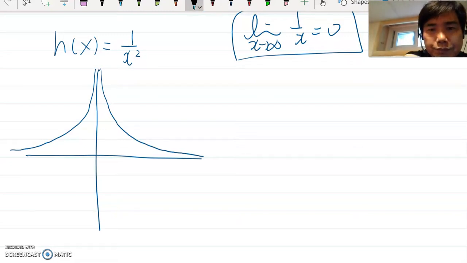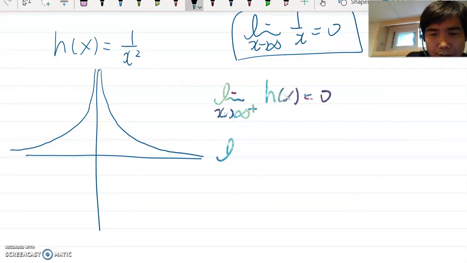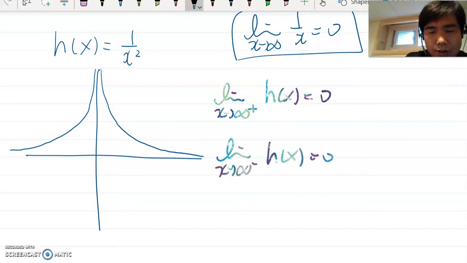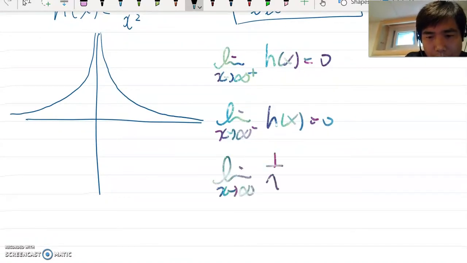The limit as x moves to positive infinity of h(x) also becomes 0, and the limit as x moves to negative infinity of h(x) also equals 0. Therefore, we can define the limit as x moves to infinity of 1 over x squared as also equal to 0.